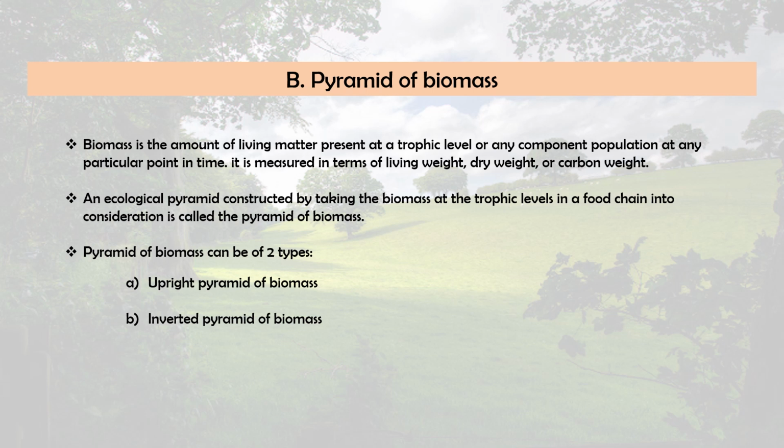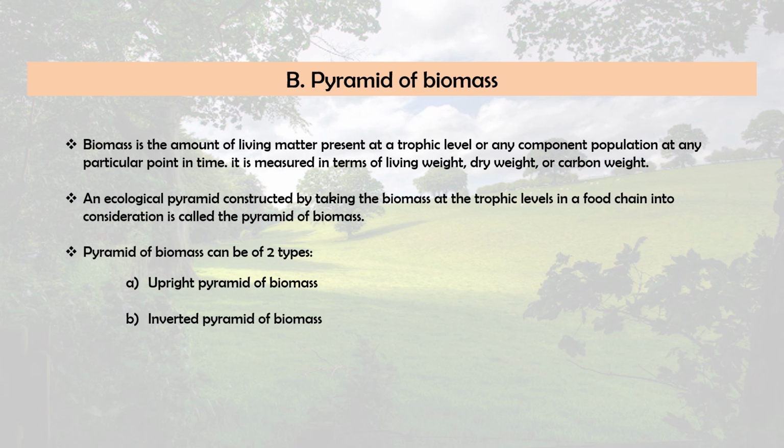It simply represents the amount of living tissue or energy available as food for an organism of the next trophic level. And the ecological pyramid which is constructed using the biomass at each trophic level in a food chain is called a pyramid of biomass, and they are of two types: upright pyramid of biomass and inverted pyramid of biomass.